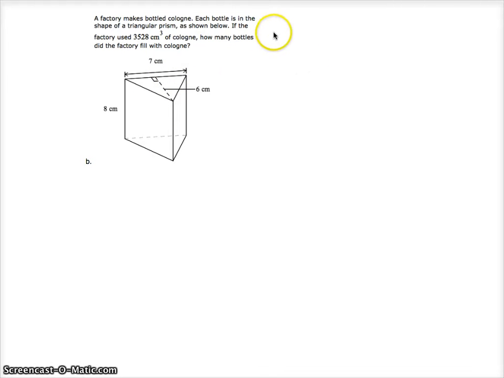So let's look at our volume. Remember that volume of a triangular prism is 1/2 the base times the height of the triangle times the height of the figure.